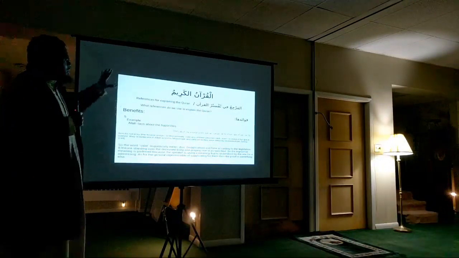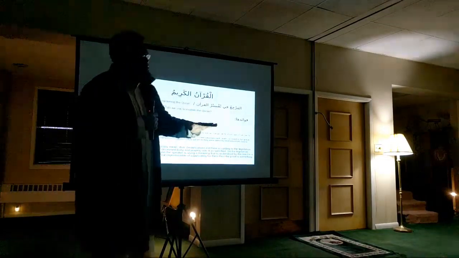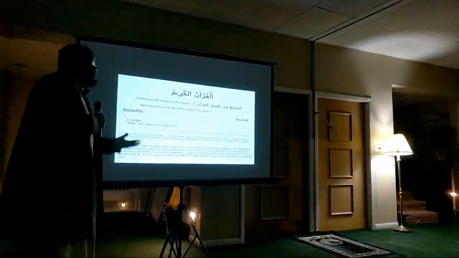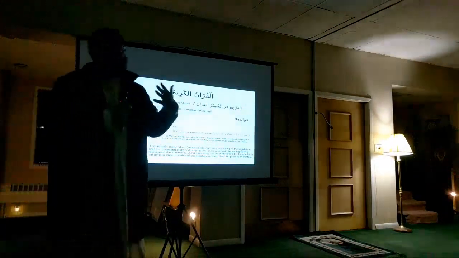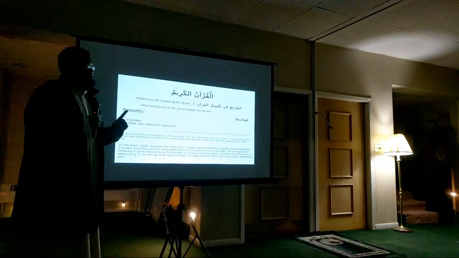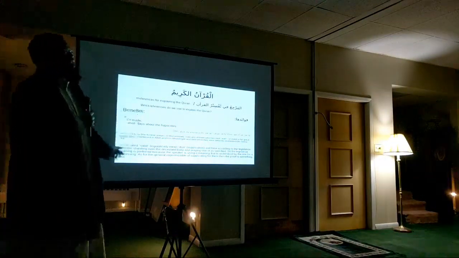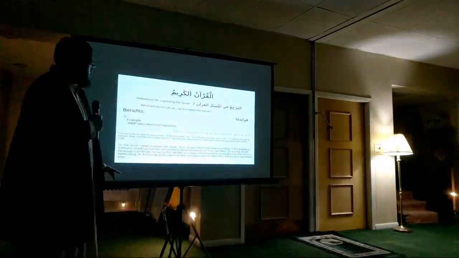Okay, so after the explanation of the companions, then we go to the students of the companions, right? That's the fourth step in explanation. And after the students of the companions, we go to the Arabic language or Islamic terminology, right?